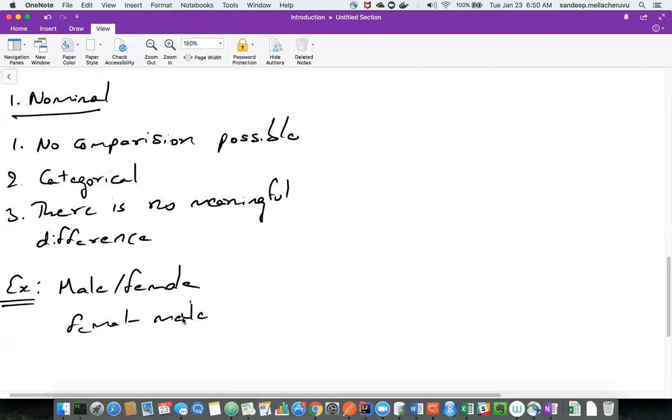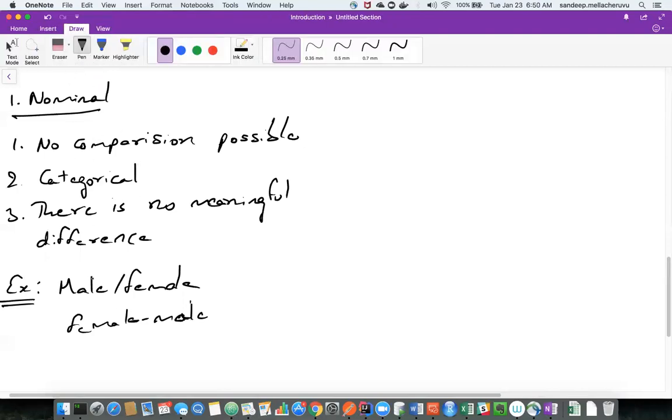If I do female minus male, there is no real meaning. That's what I mean: there is no meaningful difference. And I also mentioned there is no comparison possible.